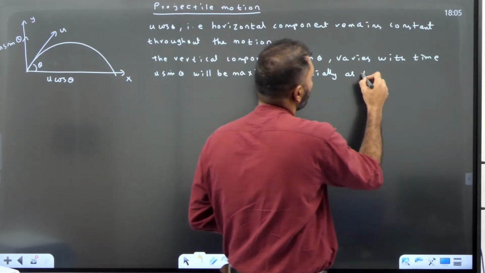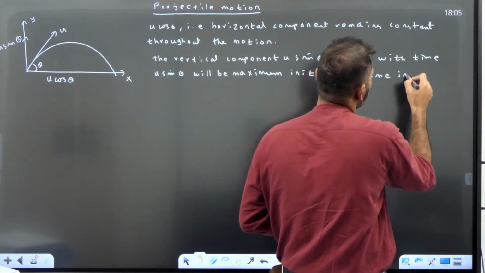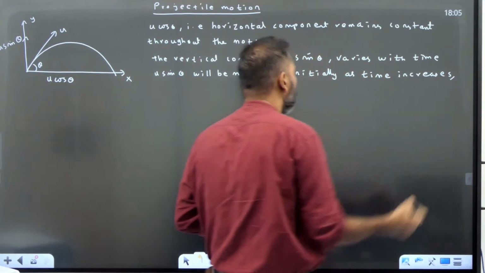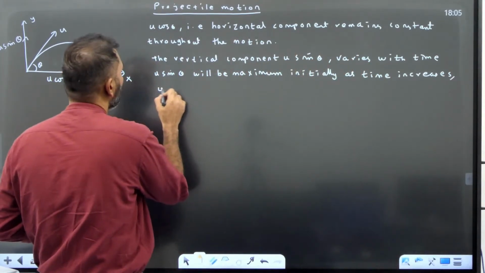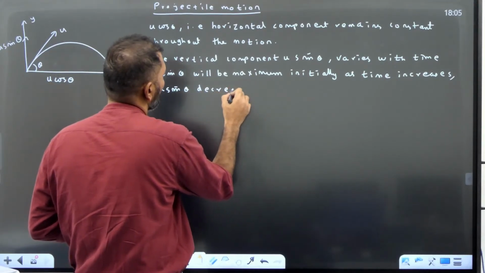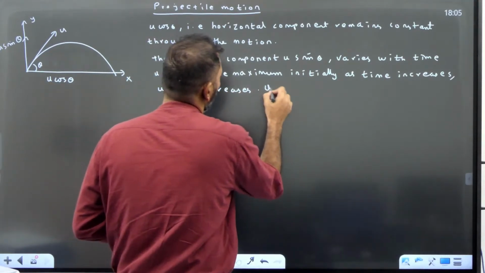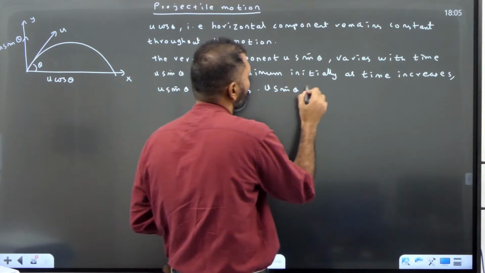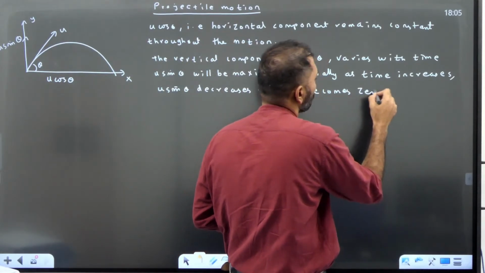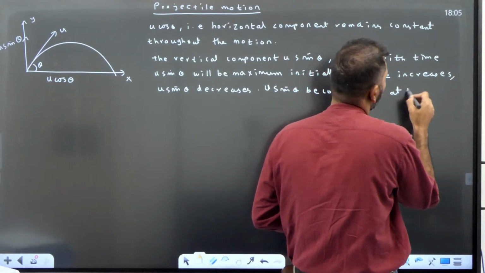As time increases, U sin theta decreases. U sin theta becomes 0 at the highest point.